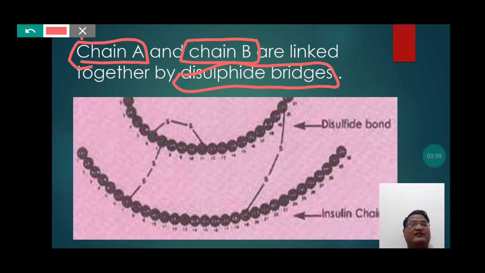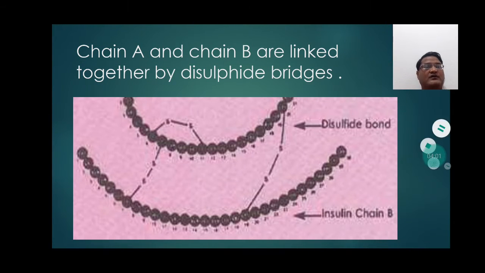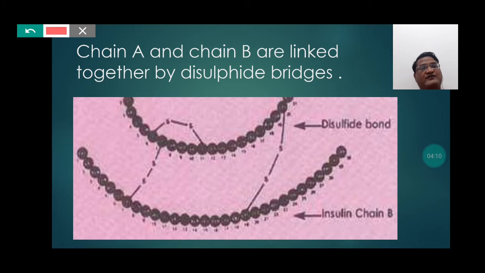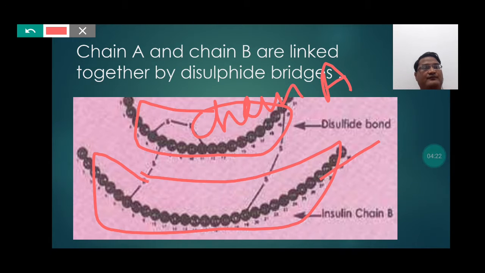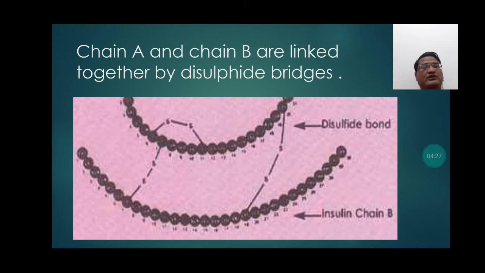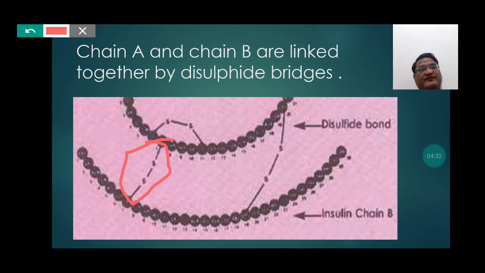So students, disulfide actually means two sulfur molecules. So students, here you can easily notice the chain A and here the chain B, and both of these two chains are further connected by the disulfide bond.